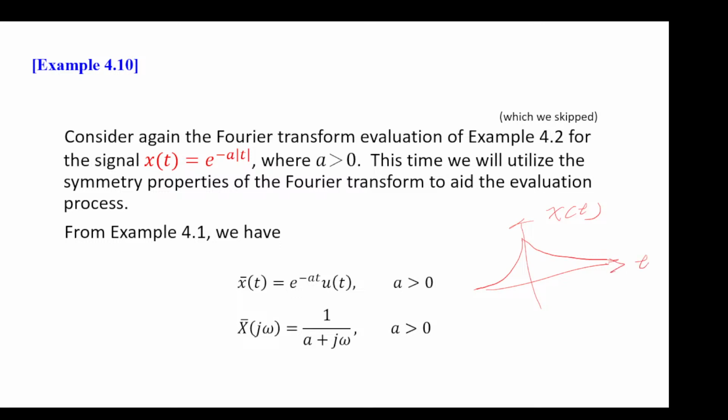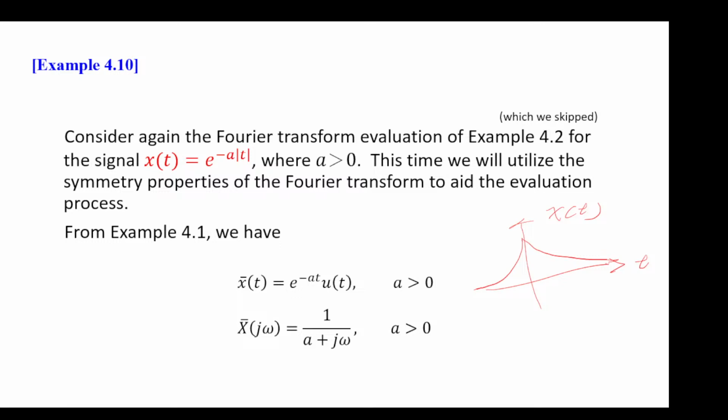Because you have the absolute value and a is a positive number, it decays exponentially toward positive time, and also toward negative time. This was example 4.2, which we skipped, but it has an answer. We try to find the big X of j omega corresponding to this.